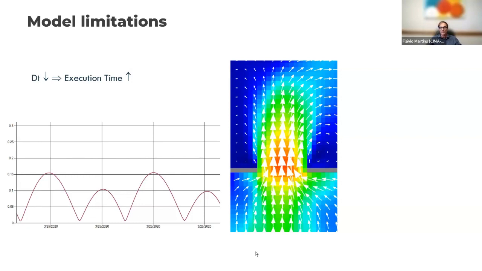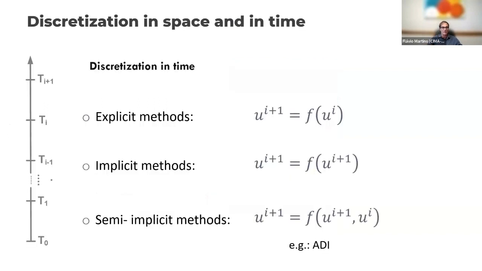So for a certain mesh, for a certain number of cells, the model is running in time. The model is running by time steps. So we are in time 0, then we compute time 1, then time 2, time 3, and we continue in time. We compute it by time steps.